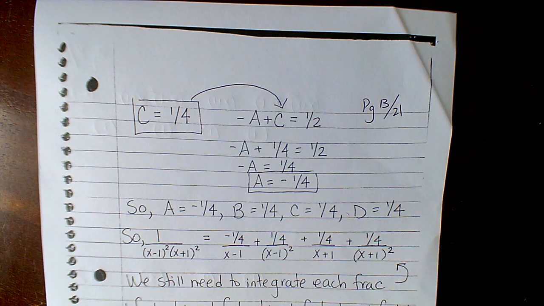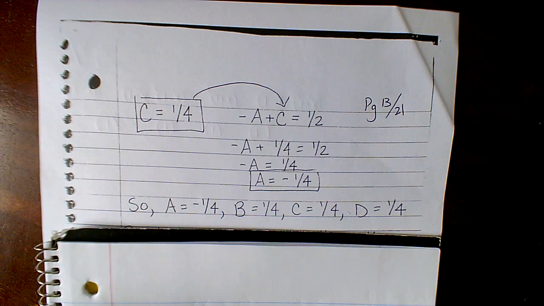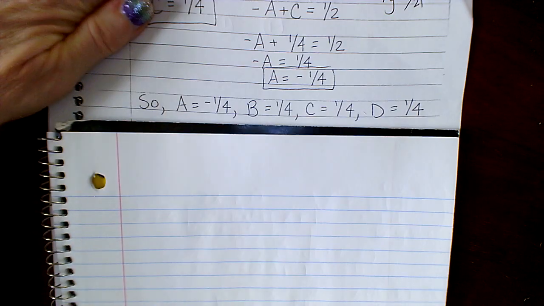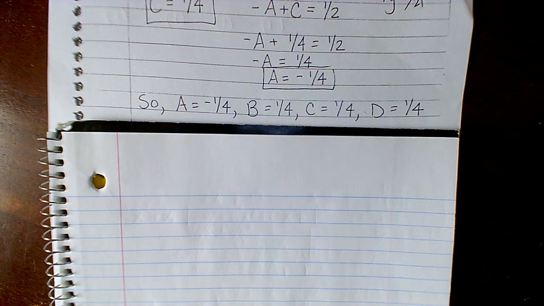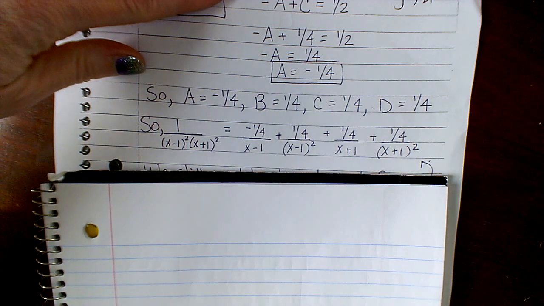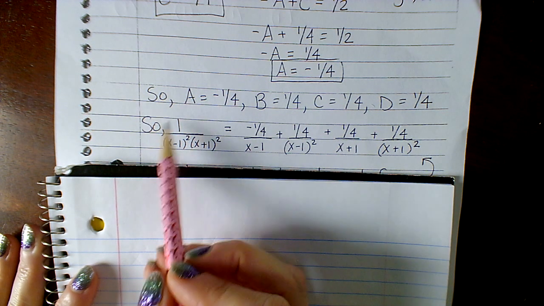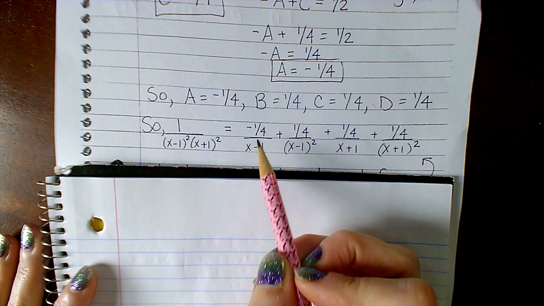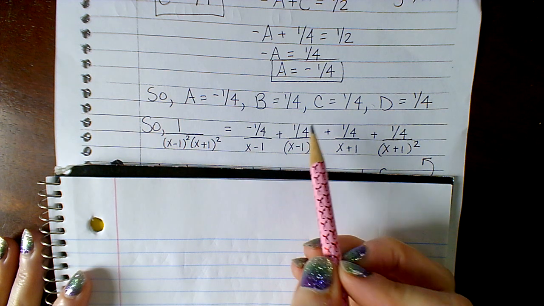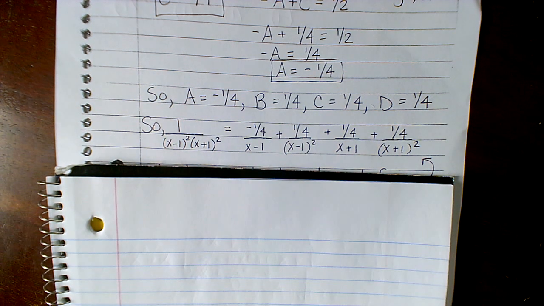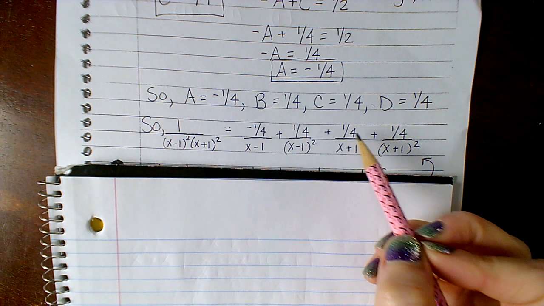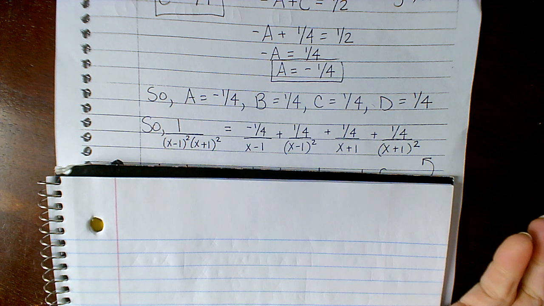All right, so that means that I finally have my numbers for a, b, c, and d. That means my decomposition for my original rational function is a over x minus 1, b over x minus 1 quantity squared, c over x plus 1, d over x plus 1 quantity squared.